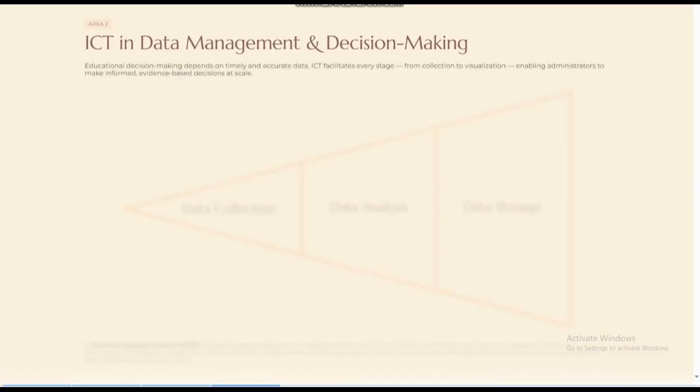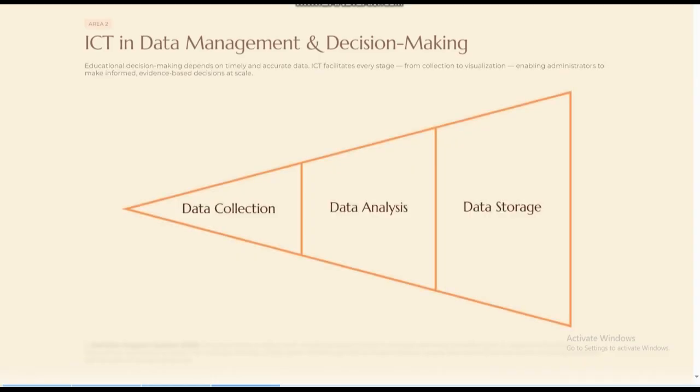So we look at area 2, ICT in data management and decision making. Educational decision making depends on timely and accurate data, and for that reason we see how we can use ICT to facilitate the collection, analysis, and storage of data to enable administrators to make informed, evidence-based decisions.